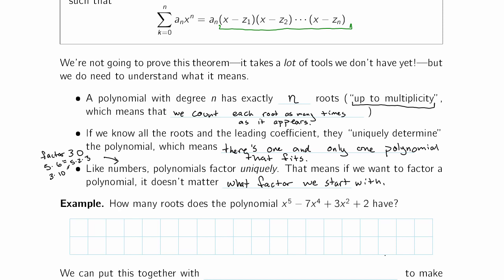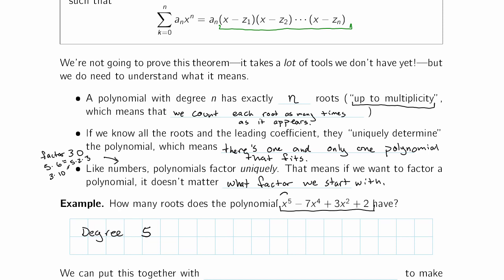One of the simple things we can do with this theorem is just look at a polynomial like this and say, okay, how many roots does it have? And all we have to do is look at it and say, what's the degree?